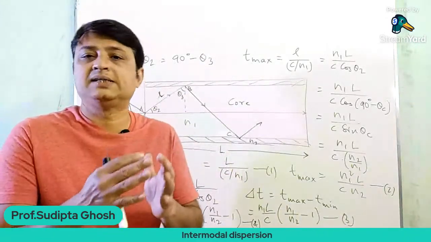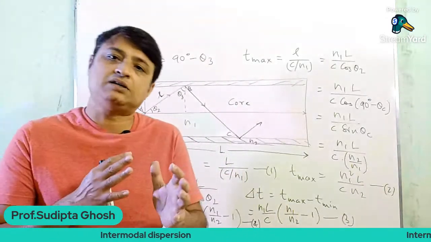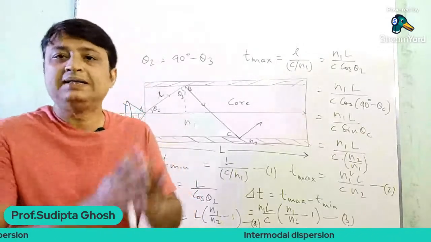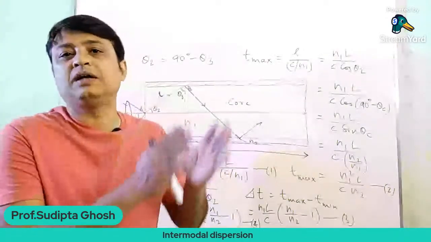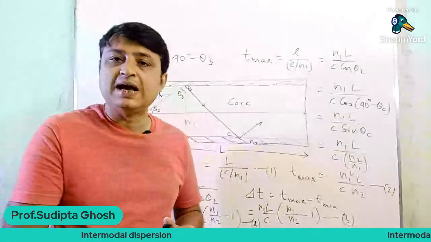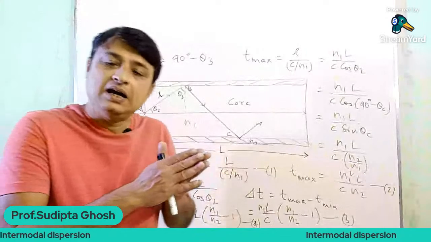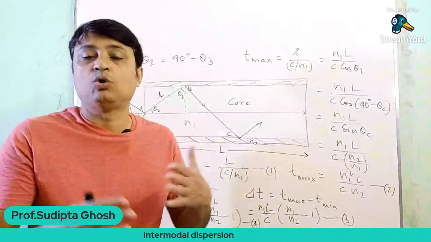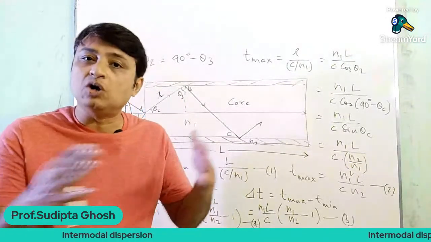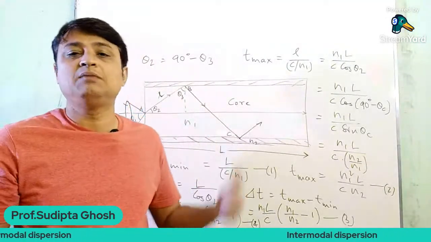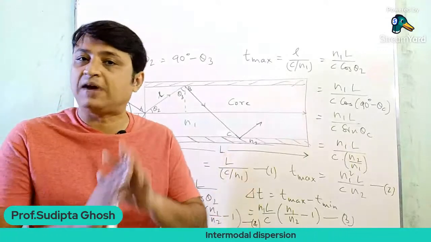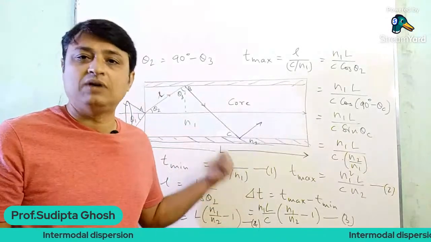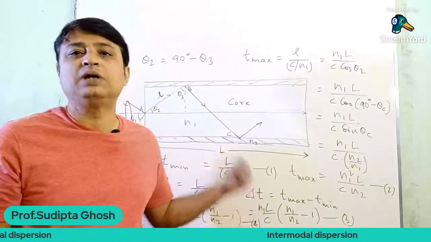So the frequency of pulses that we propagate through the optical fiber, when it is used in digital communication, has a restriction. In long distance communication, as I have already told you, the multimode step index fiber is never used, because of this intermodal dispersion.